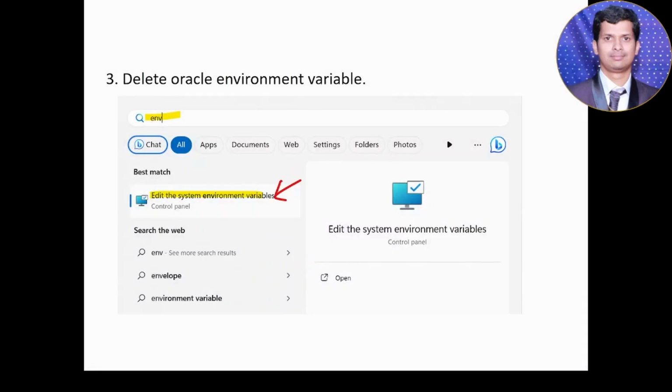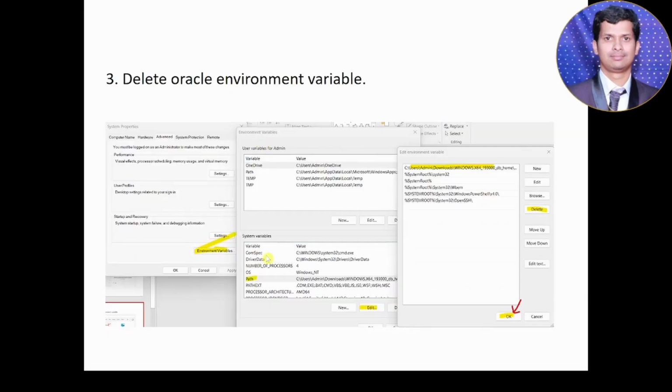In the next step, search for environment variables, or type environment variables, and it will come up. Click on environment variables, and this pop-up will open. Then click on the system variable Path, then click on Edit.